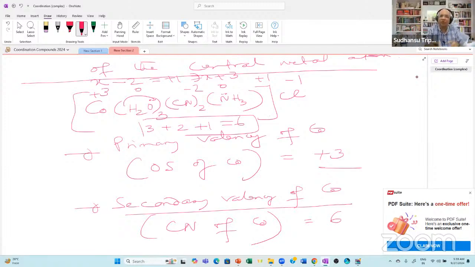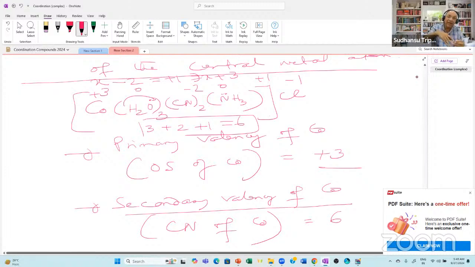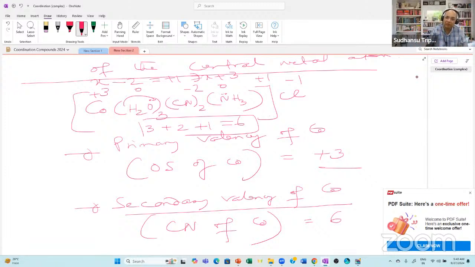That credit goes to Werner. He thought, can it be trigonal prismatic? Can it be hexagonal? There are 2 alternatives to octahedral where the coordination number can be 6: hexagonal and trigonal prismatic. But from the analysis, you will find that for the triangular prism and hexagonal, there can be 3 geometrical isomers.